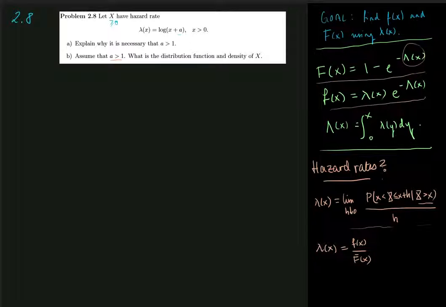So what do we learn from this section in the book? Well, given a hazard rate, we may find the density function and the distribution function, or the survival function for that matter.